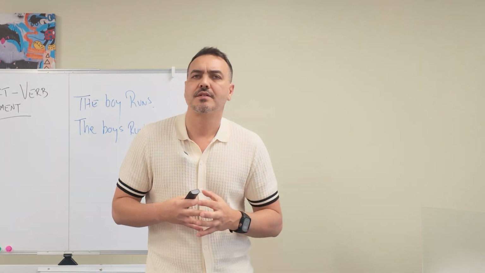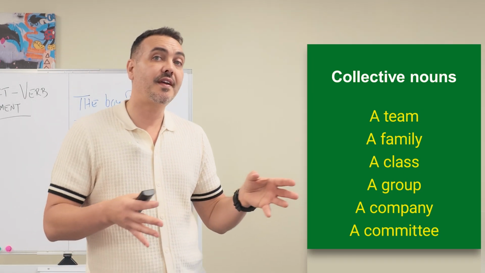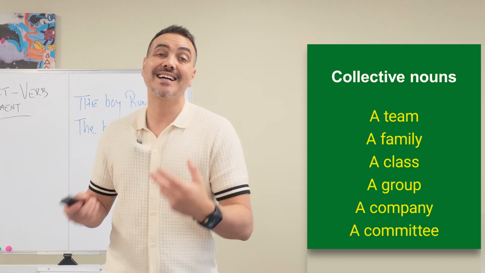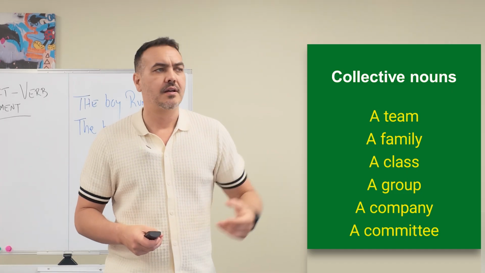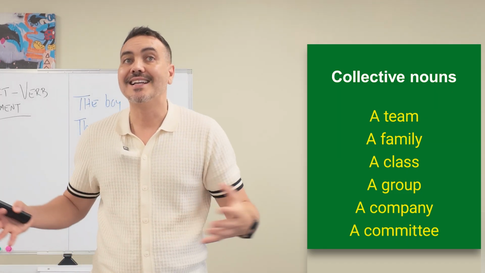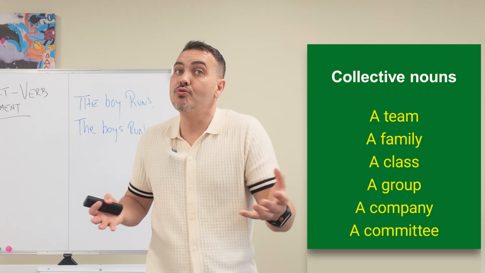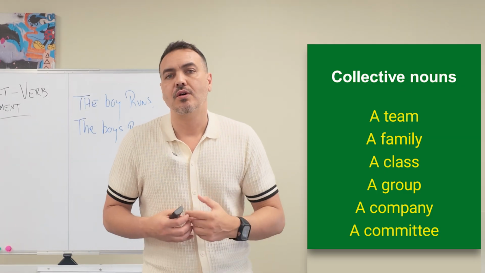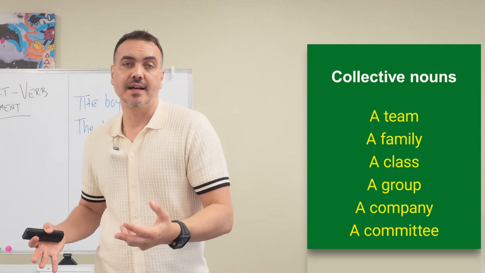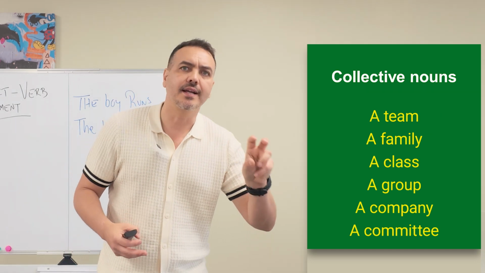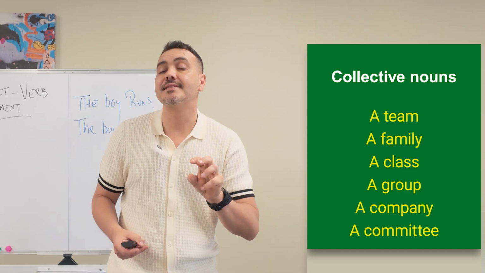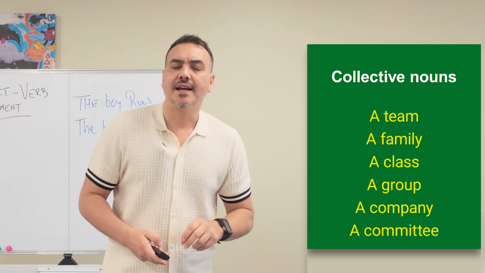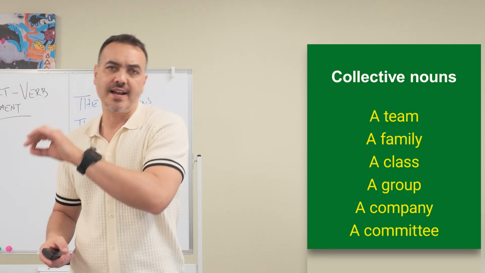Some nouns refer to a group of people or things, and these are called collective nouns. For example, a team, a family, a class, a group, a company, or a committee, okay? Now, in American English, collective nouns are usually treated as singular, okay? The team is ready.